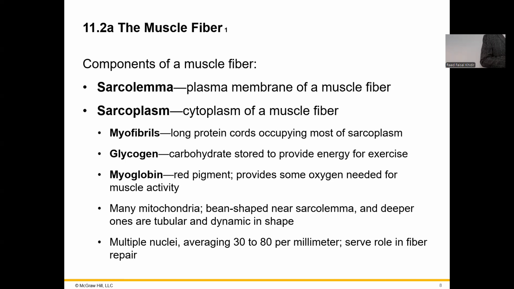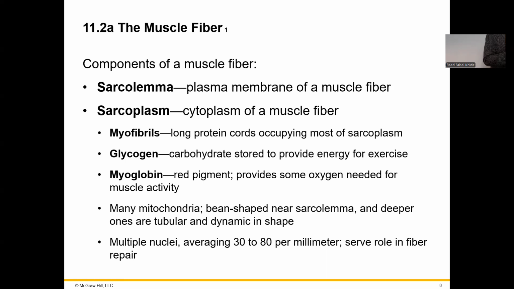Where do we store our glucose? Yeah, we store the glucose in the liver, the glycogen in the liver, and where else? In the muscle tissue. So that's to show you that my muscle cell does not just have these contractile proteins, the actin, the myosin, and the other regulatory proteins, your troponin, your tropomyosin.